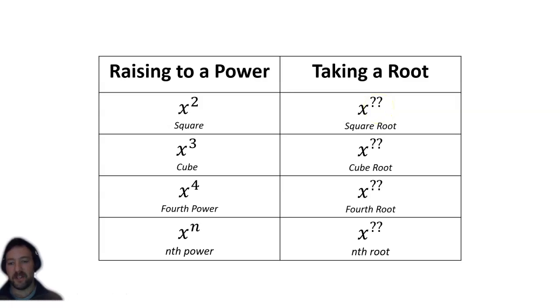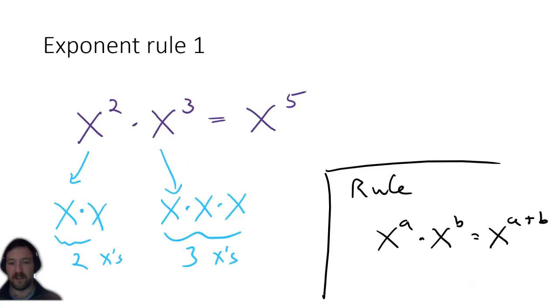And how are you going to go about figuring this out? I want to remind you, I posted a video on the basic ideas behind the algebra of exponents, or exponent rules. So you can use this exponent rule, for example, or the next one I'm going to show. You can use either of them to work out what the answer should be. So the first one, let's just quickly recall it. If I have x squared times x cubed, then I can add the exponents.